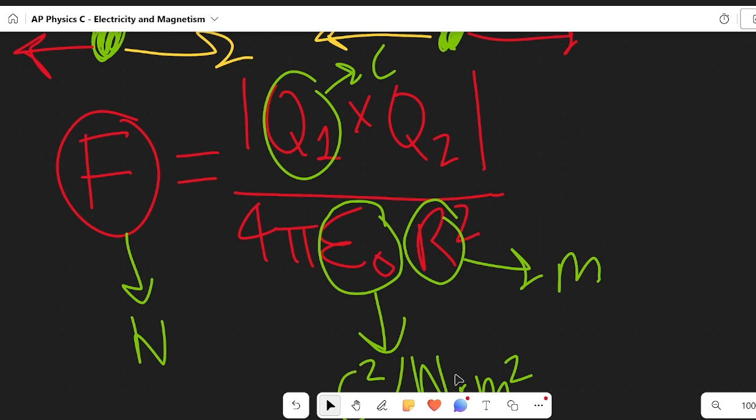Permittivity of space, if we're dividing by it, we'll have C squared divided by N times m squared, right? So the C squared from the top will get canceled out, and in the top we'll now have N times meters squared. And then because this R has units of meters, that will cancel out the meter squared from the top. So we'll just have N.